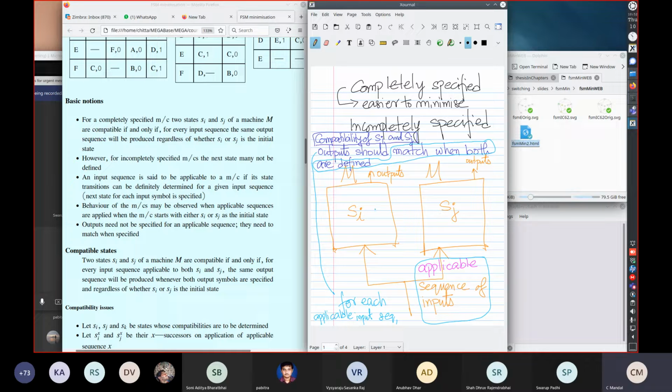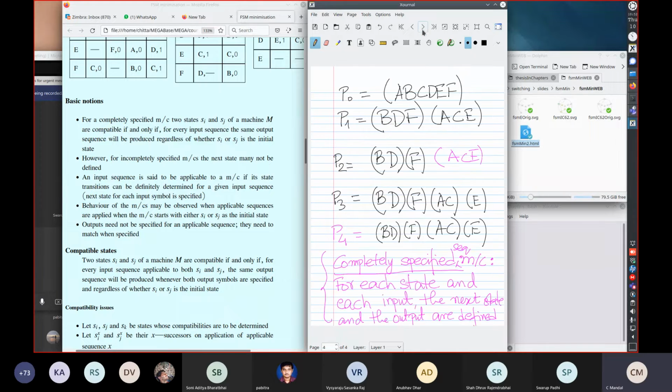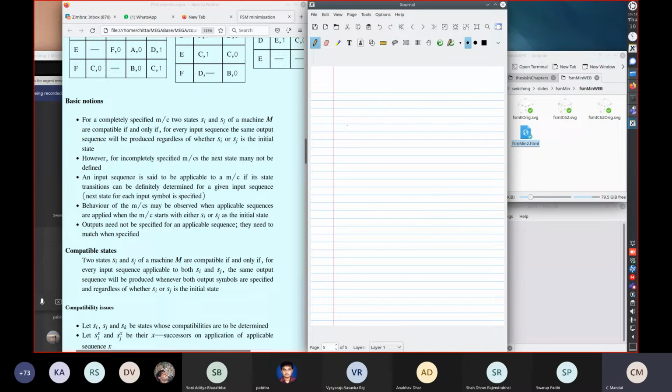Now, why are we interested in this notion of compatibility? Because you could have, let us say, SI, SJ, and SK.